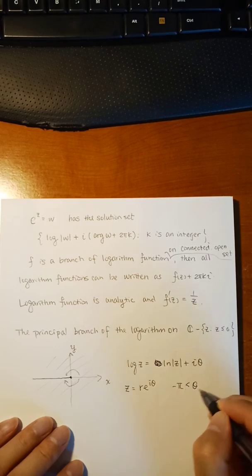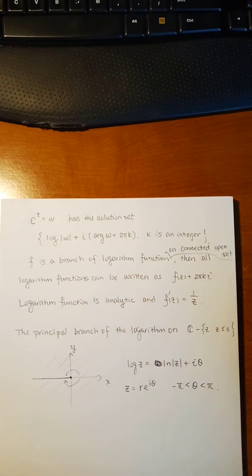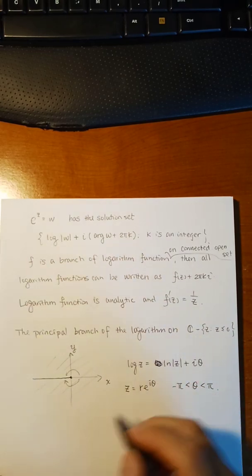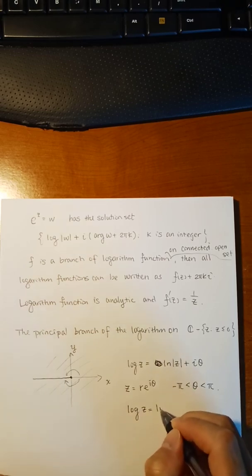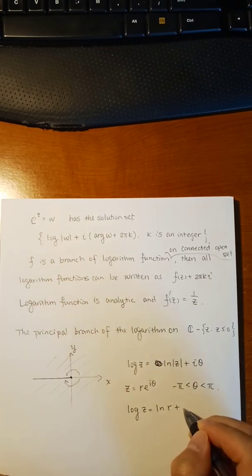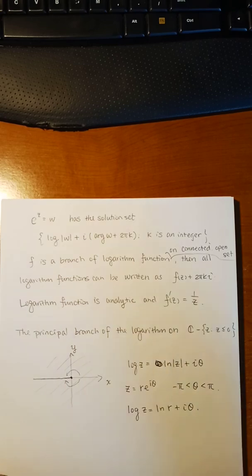So theta is between negative pi and positive pi. With r, we should write ln of r plus i theta. This is the natural log from real analysis.